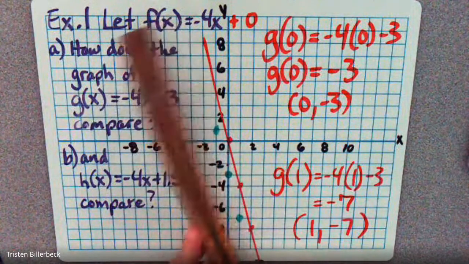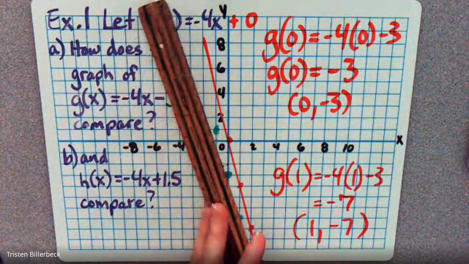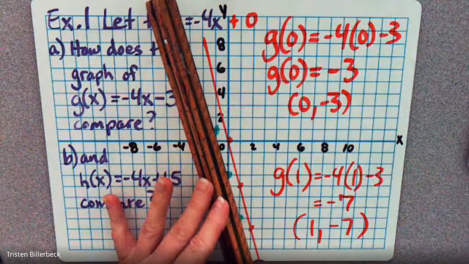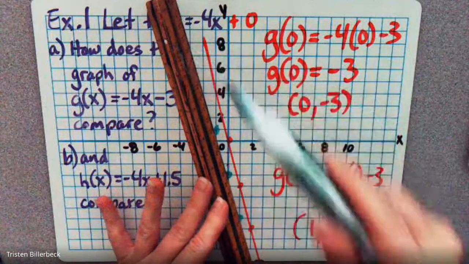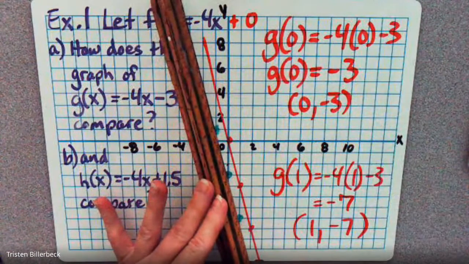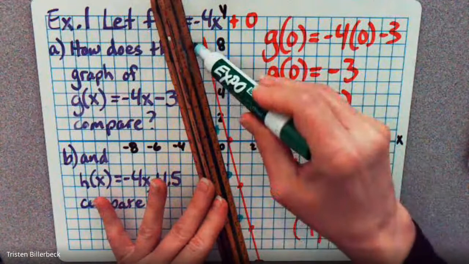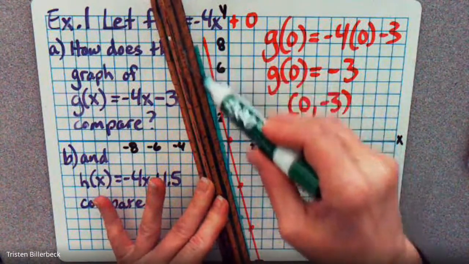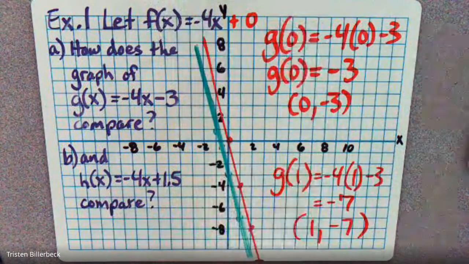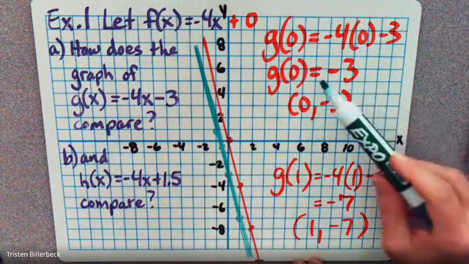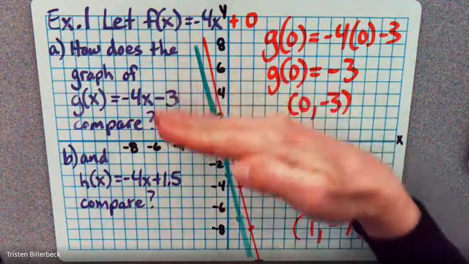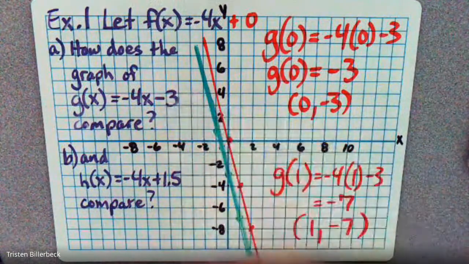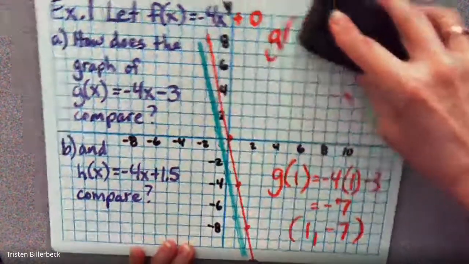So let's graph this one. We see this graph is just slightly lower than the other graph. That makes sense because we have a negative 3, so it dropped the graph down vertically.